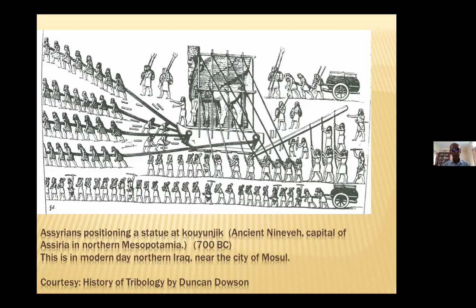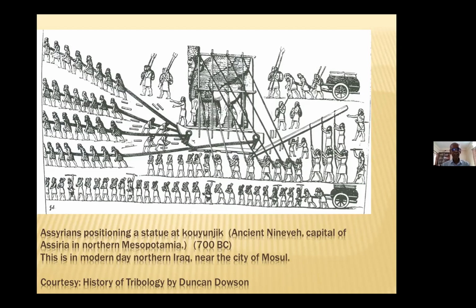This is modern northern Iraq, near the city of Mosul. Anyway, the tribological importance of this figure is this: rows of people are dragging the statue in all different directions to position it. And obviously the effort is significant.